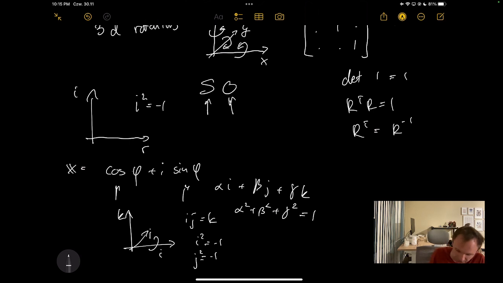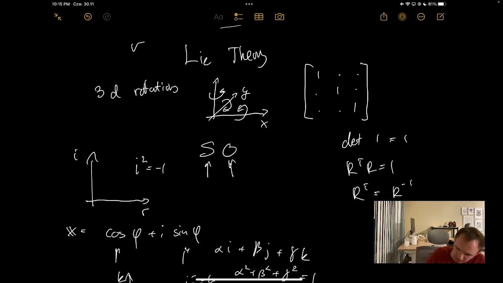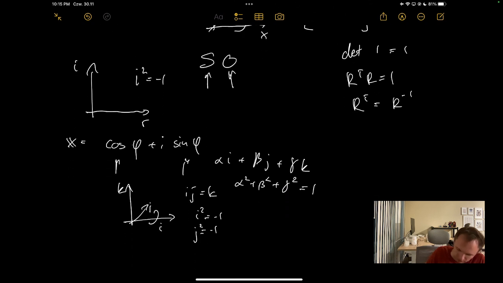This is a pretty nice representation of the rotation, because instead of 9 numbers as our rotation matrix does, it only uses 4 numbers. So there's also a real part, right?